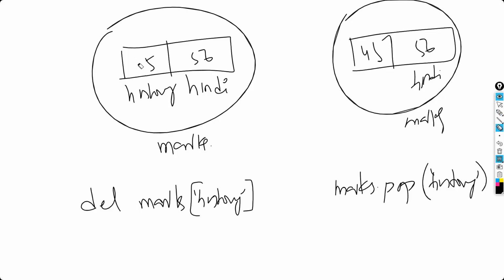In this case, what was removed? 45 was removed. In this case, what was removed? The key was removed. Though in this case also the key was removed, there is no use. So automatically the balance one is removed. But the logic behind that is, when you are using pop, the key was removed. When you are using this one, the value was removed, basically.